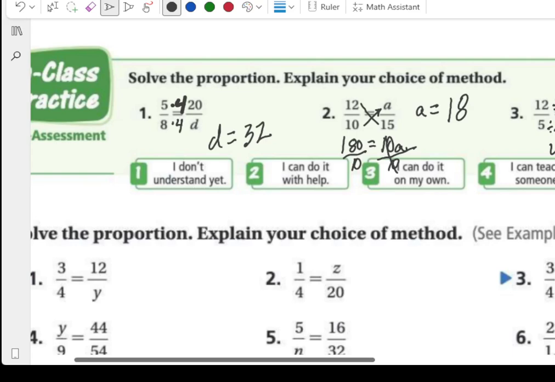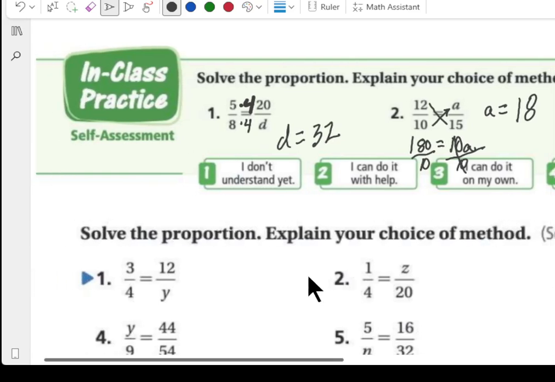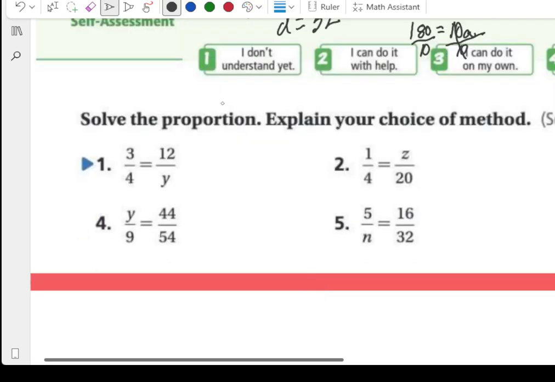Okay, so what I want you to do is to solve the proportion. You can use any method you want. For example, this is easily recognized. 3 times what gives you 12? So you can multiply by 4 on the top, multiply by 4 on the bottom.